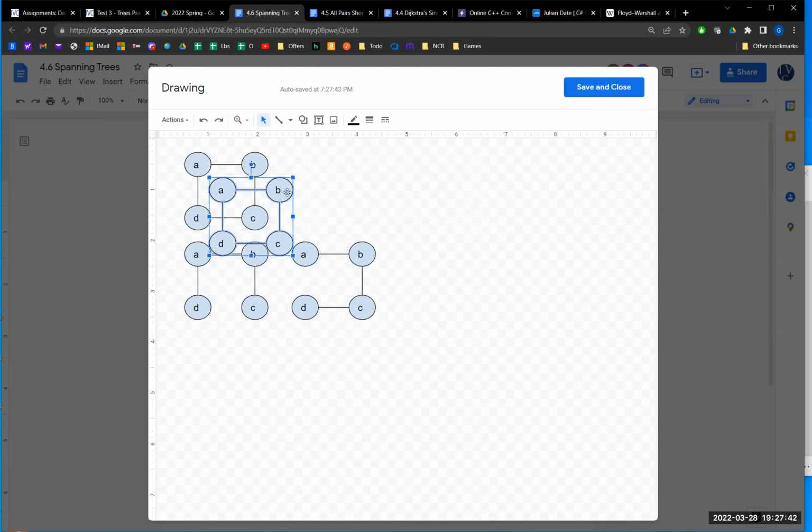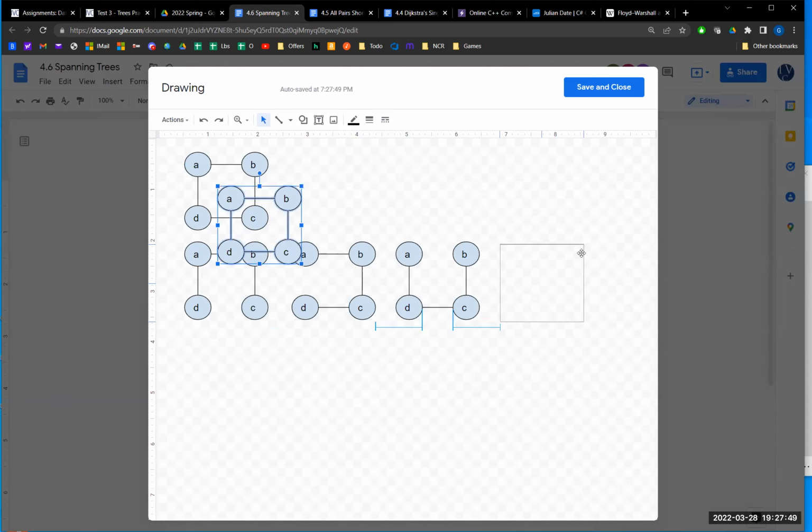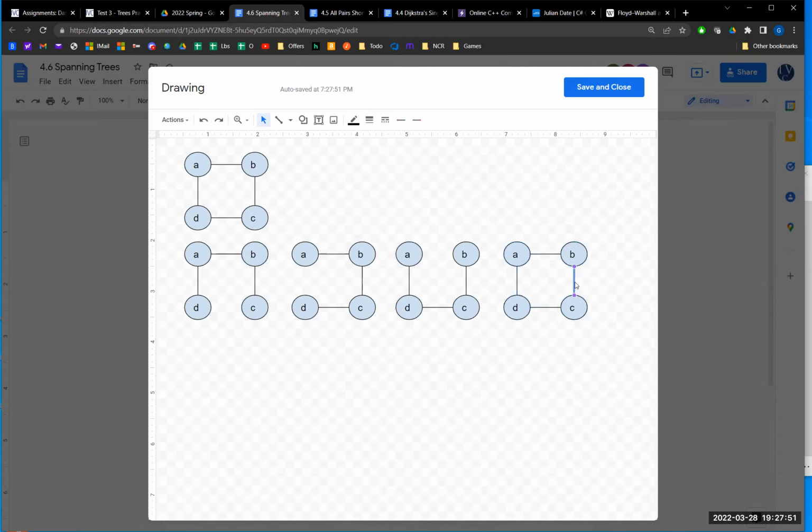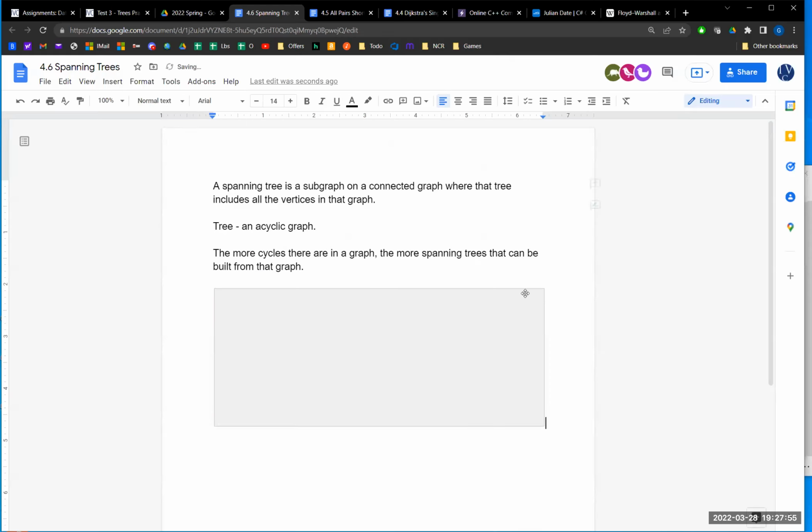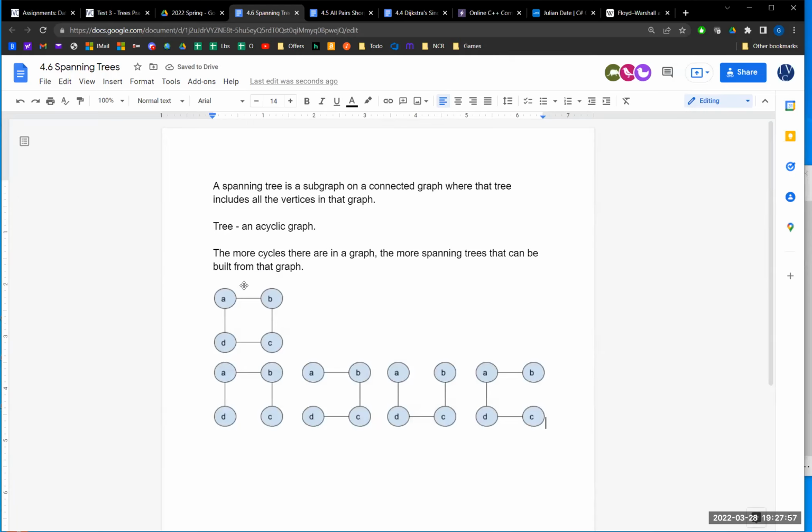And we have a spanning tree. Just doing a different edge each time in no particular order. Right, so for this particular graph, we have 4 possible spanning trees.